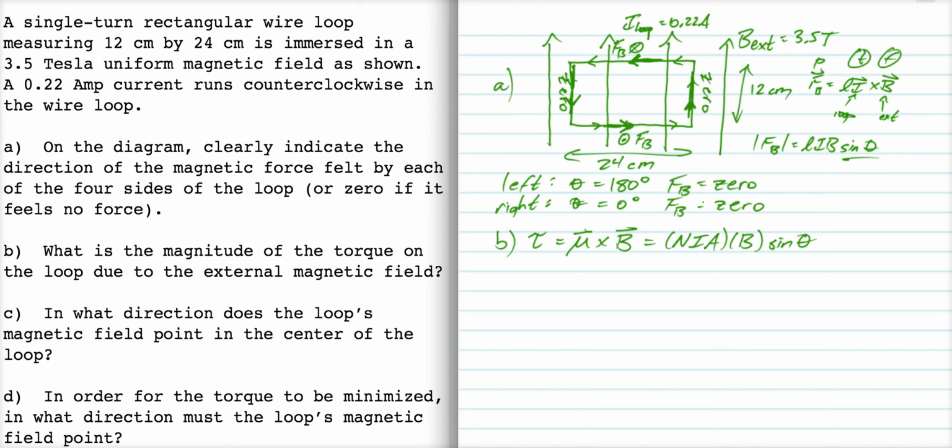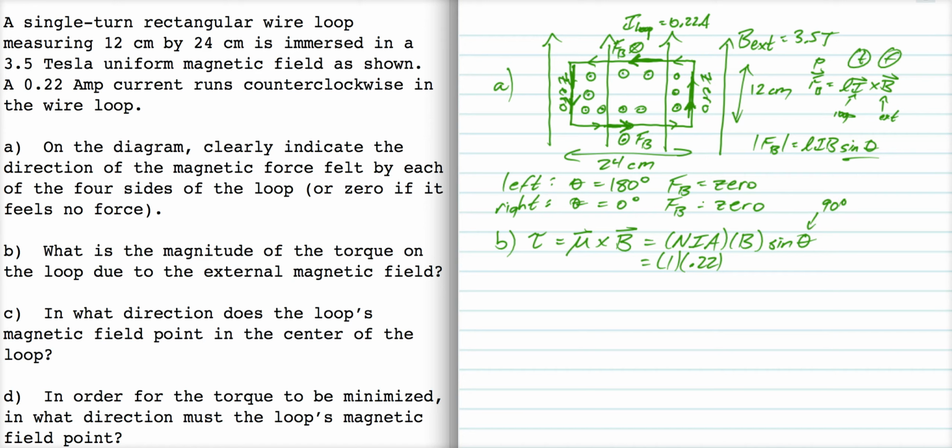Well, the magnetic field of the loop, if you look inside the loop, the right-hand rule tells us that the magnetic field, due to all these wires inside the loop, points out of the page. Okay, so that means the angle theta between them, now this is a single turn, so N is 1, is going to be 90 degrees.